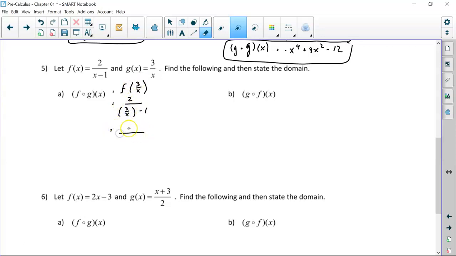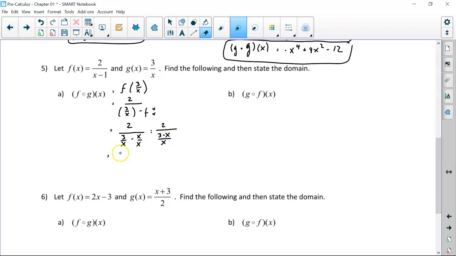A little bit trickier because we're working with fractions here, so it's 2 over 3 over x minus. Now we need a common denominator. That 1 is over 1, so we're going to multiply by x over x minus x over x. So it's going to be 2 over 3 minus x over x. Now we don't divide fractions.